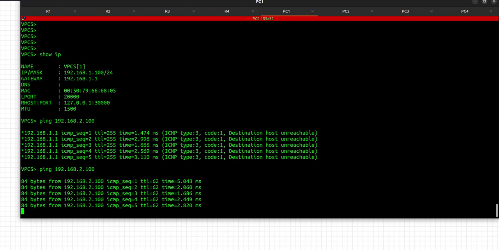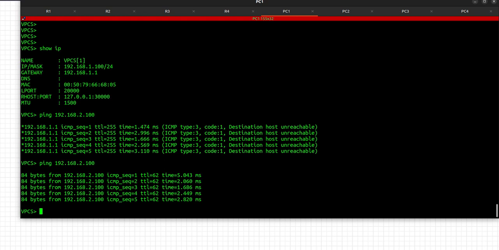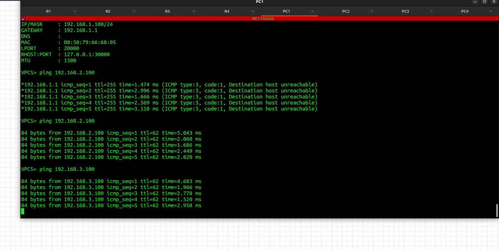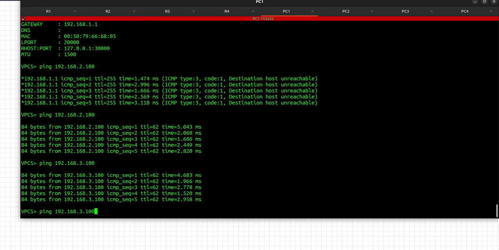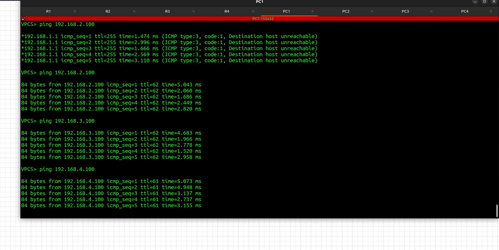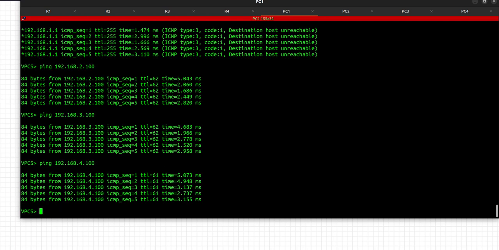It can reach the local subnet connected to router 2. Let's ping 3.100, and yes, PC1 can reach PC3. And finally, the local subnet connected to router 4, which is 4.100, and yes, indeed, it can also reach the subnets connected to router 4.